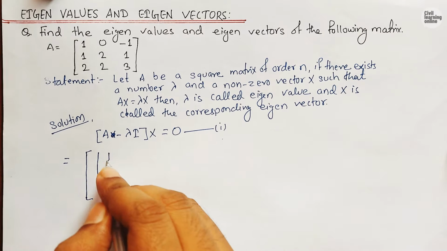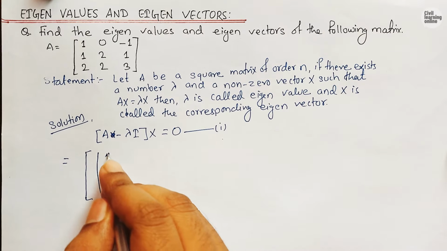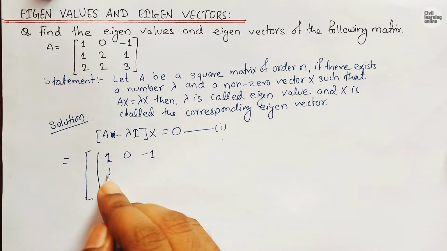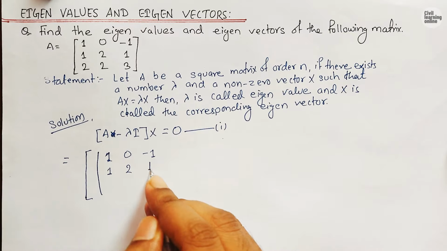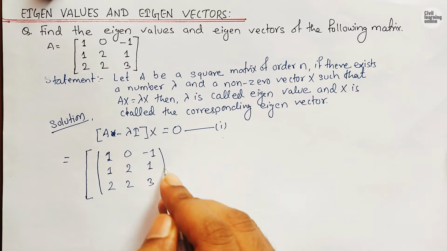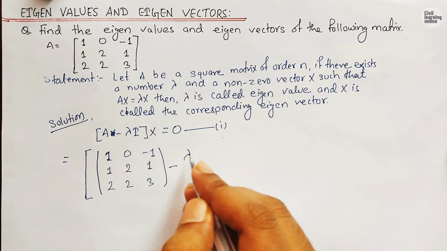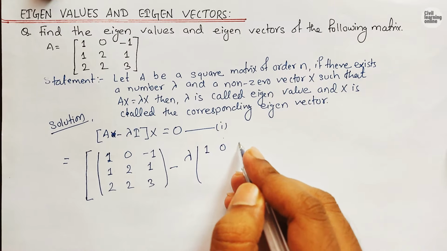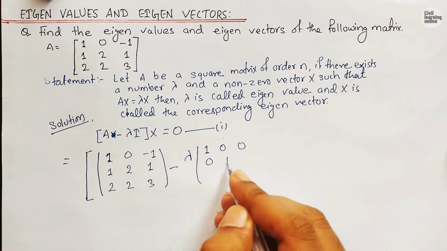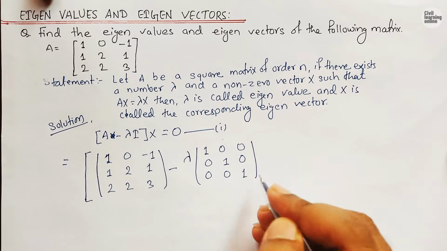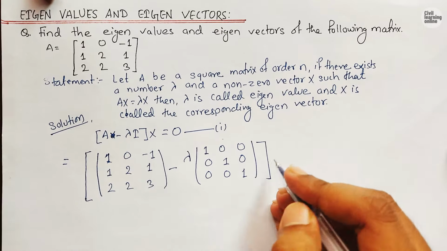Matrix A is [1 0 -1; 1 2 1; 2 2 3], close the bracket, and lambda I is the identity matrix, so the identity matrix of 3 by 3 order is [1 0 0; 0 1 0; 0 0 1], close the bracket, and multiply this by x.